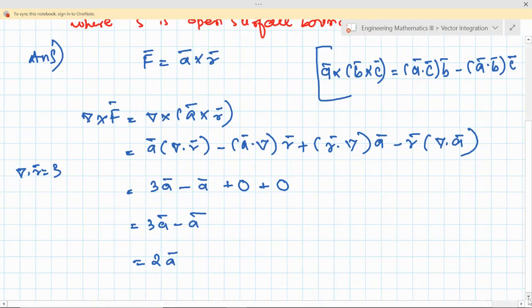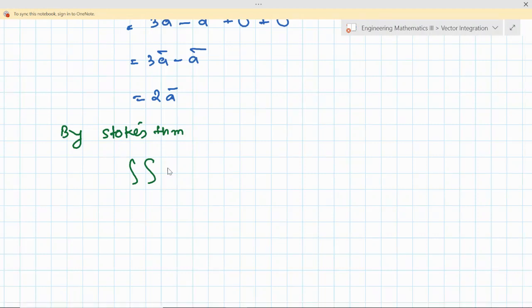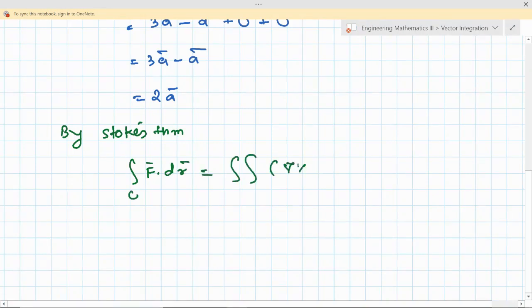See, what is the Stokes theorem we have? So by Stokes theorem, the line integral of a bar dot dr bar over c is equal to the surface integral of del cross a bar dot ds bar over s. What is a bar? It is given in the example, a bar cross r bar dot dr bar over c.